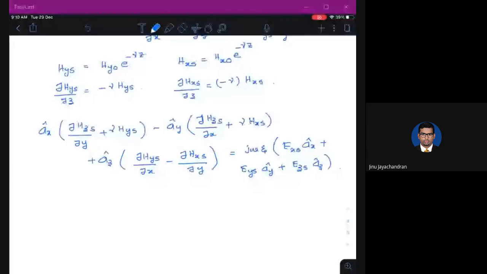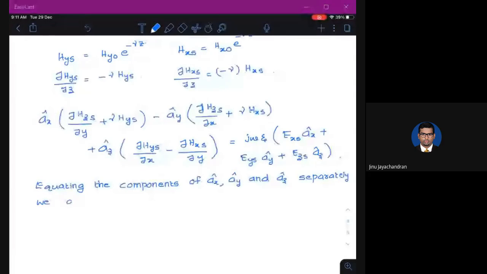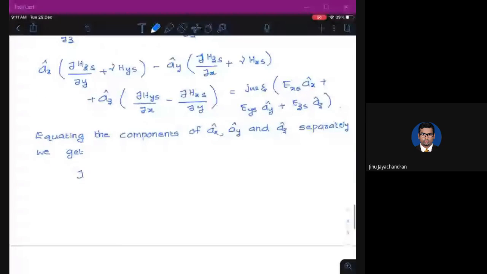So equating the components of AX cap, AY cap, and AZ cap separately, we get dou HZS by dou Y plus gamma HYS is equal to j omega epsilon EXS.